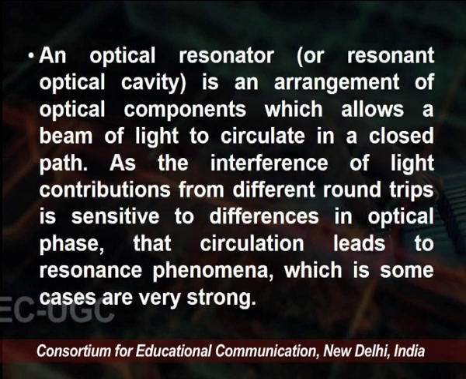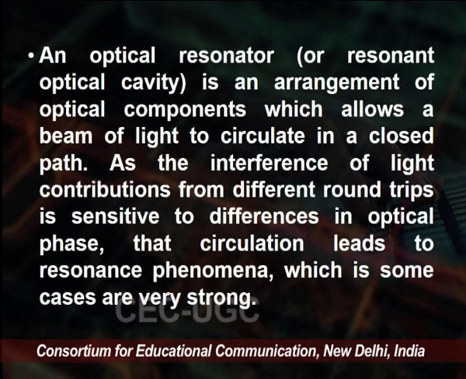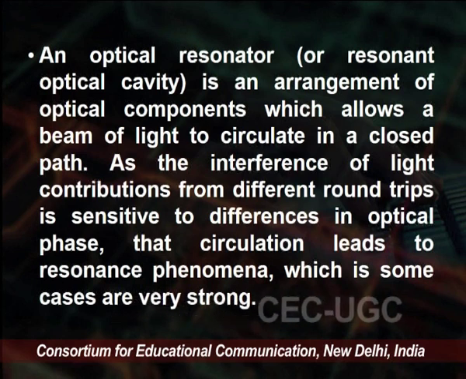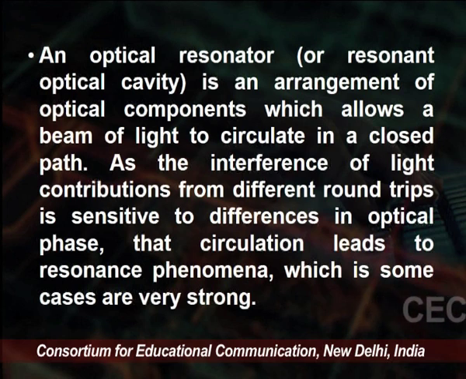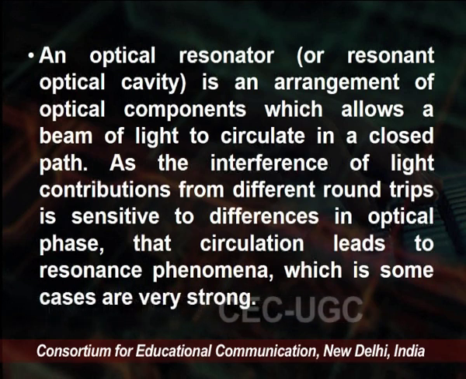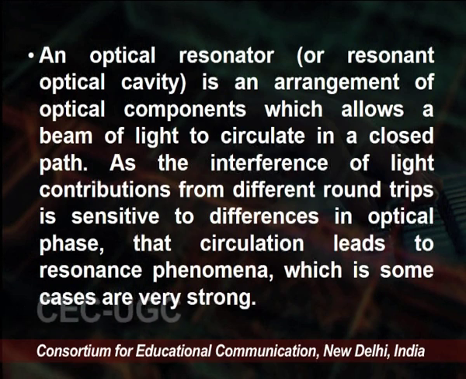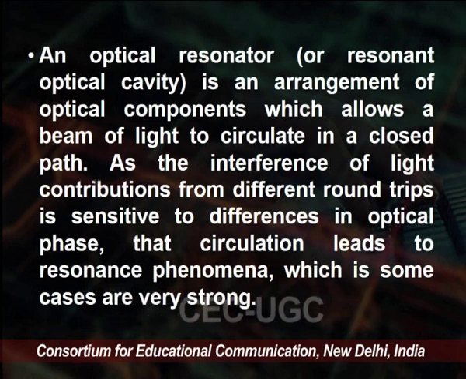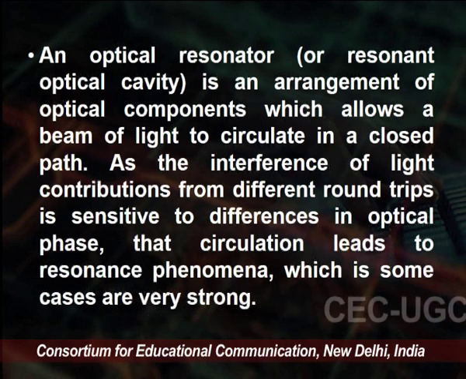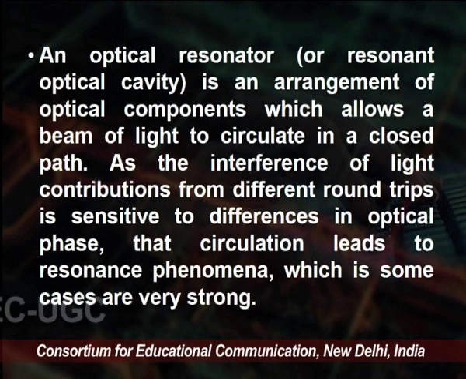So an optical resonator or optical cavity is an arrangement of optical components which allows a beam of light to circulate in a closed path. As we have mirrors, we say it is a closed path because the light is moving in this closed arrangement of the mirrors. The interference of the light contributions from different round trips is sensitive to the difference in the optical phases.